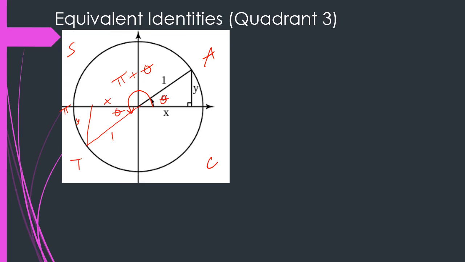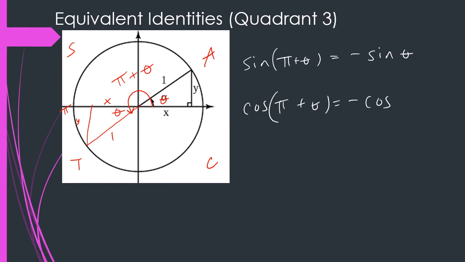Only tan is positive in that quadrant, so it follows that if I wanted to calculate sine of that angle in standard position, it would be equal to the negative sine of that related acute angle. Cos of that angle in standard position would be equal to the negative cos of the related acute angle.